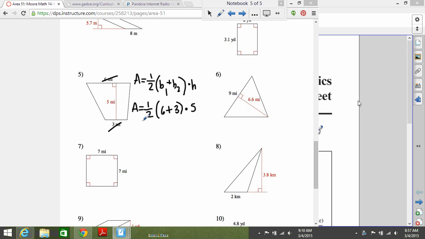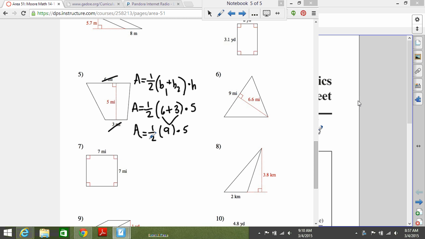Okay. What do I do first to calculate? What's 6 plus 3? 9. Okay, what's next? I heard it. What? 9 times 1/2. How do I put that in my calculator? Huh? 0.5 times what? 9.